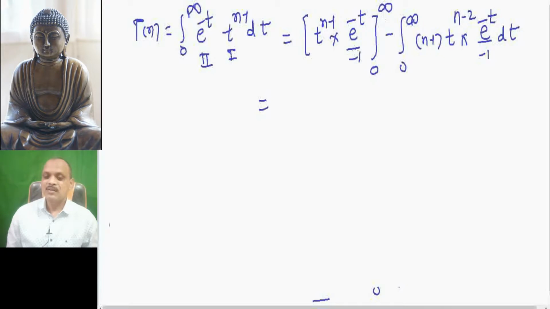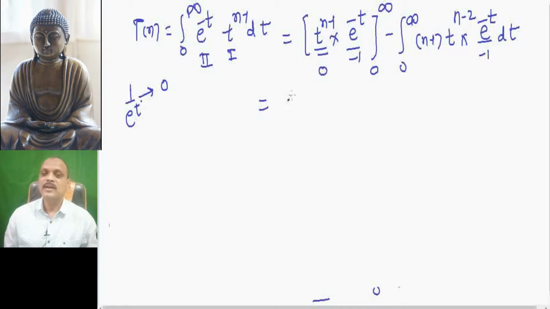Okay, now what is the value of this? e raised to minus t is 1 divided by e raised to t. As t tends to infinity, 1 by e raised to t tends to 0, and hence at the upper limit it will be 0, and at the lower limit t, due to the t raised to n term, we have 0.